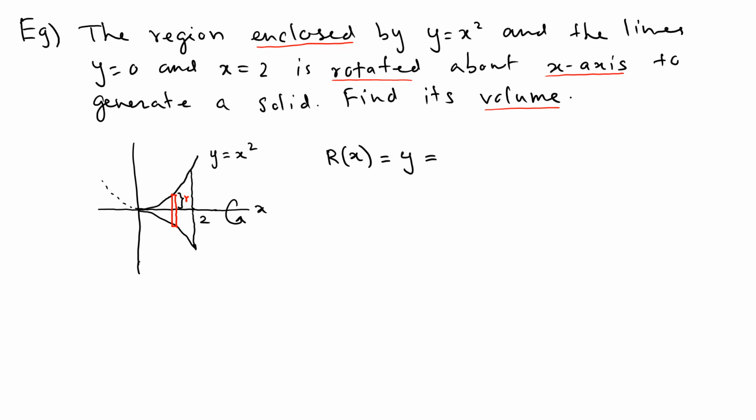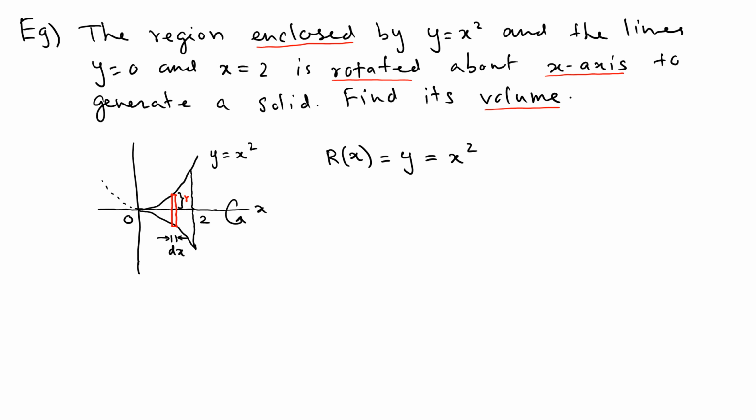But we know that the y coordinate is given by x squared. So we write the radius function, and the limits are very clear, going from 0 to 2, and it's a dx problem. You can see the thickness, which is in the x direction, so dx.